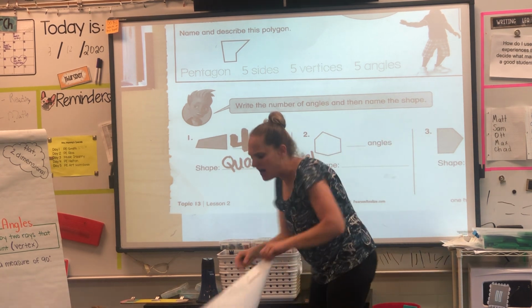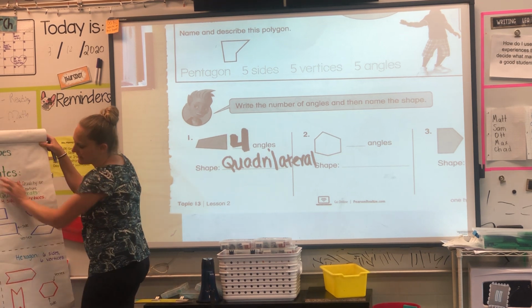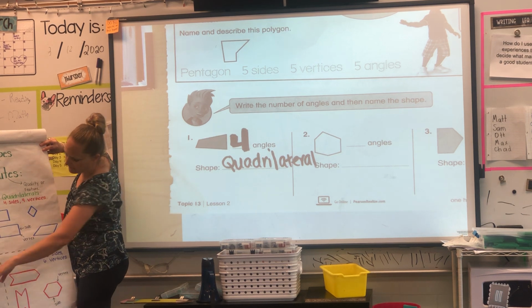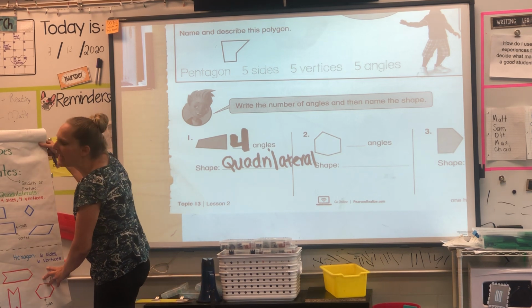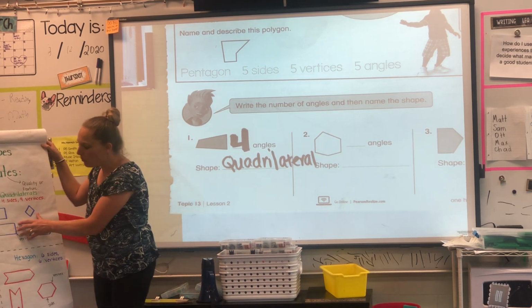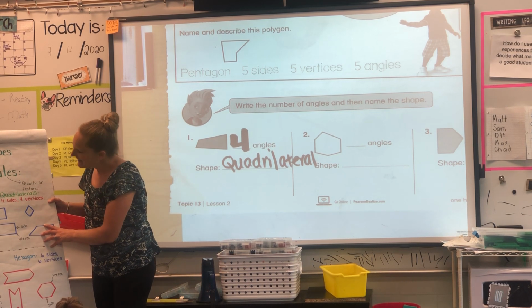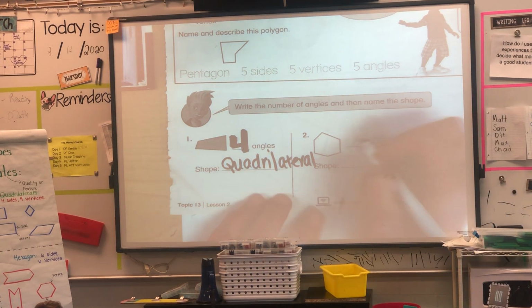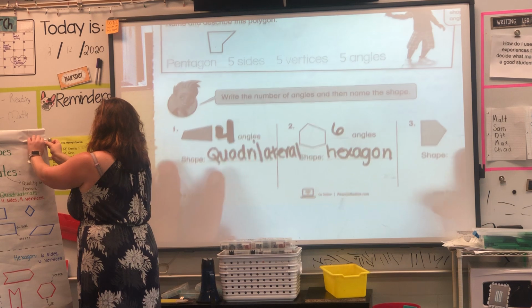We discussed yesterday what a 6-sided figure was. So it is a hexagon. We're going to write hexagon on the line underneath. We had 6 angles, and it's a hexagon.